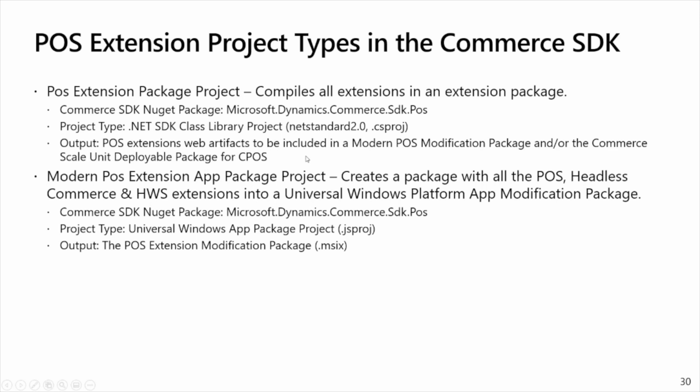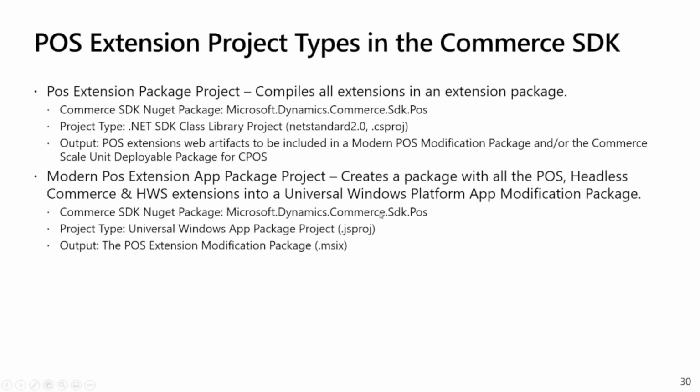The next project type is our modern POS modification package project. This is our JS project that's producing the EWP app package for MPOS in the sealed MPOS approach. This package will include all of the web content from the previous POS extension package project, as well as optionally any Headless Commerce Engine extension assemblies or dedicated hardware station extension assemblies.